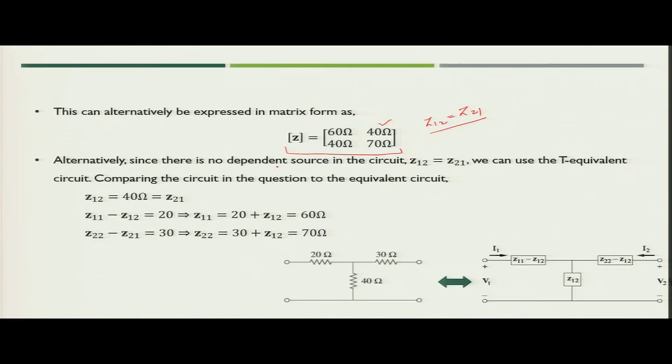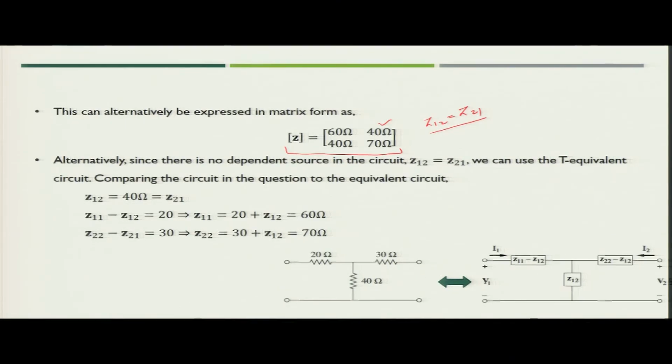So, this is a reciprocal circuit, and when we compare the T equivalent circuit with the circuit given in the example, you can easily find out the value of the Z parameters. How?